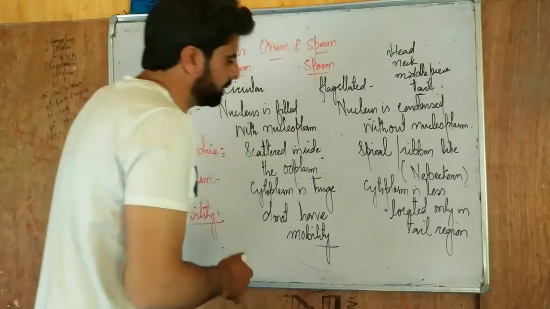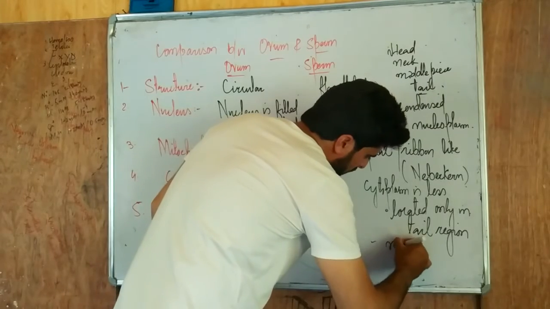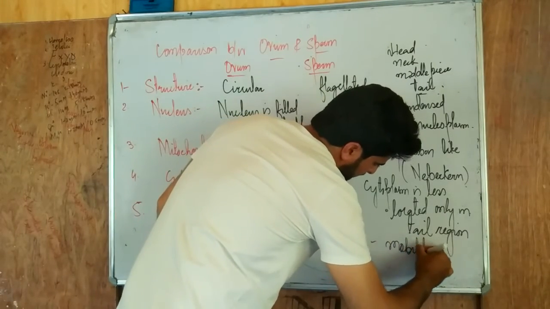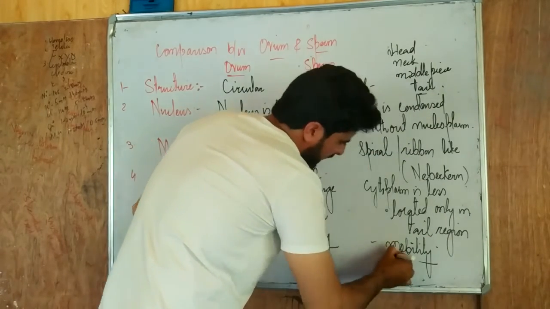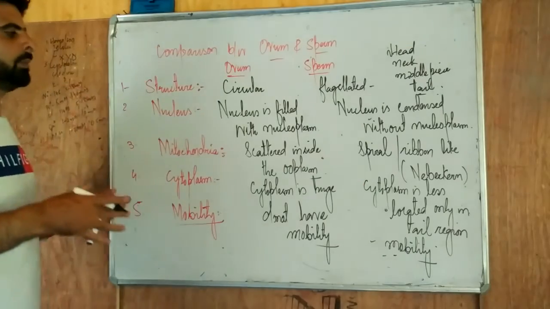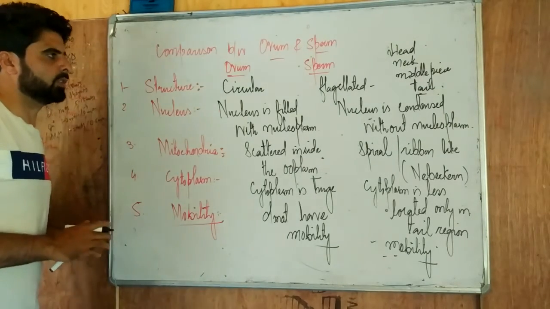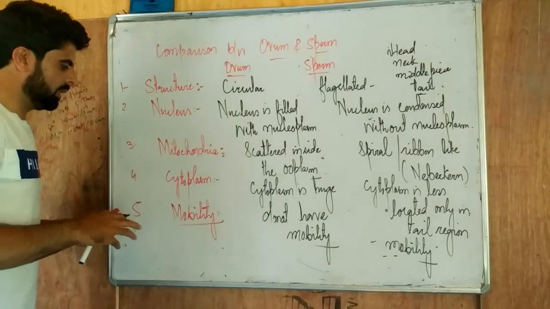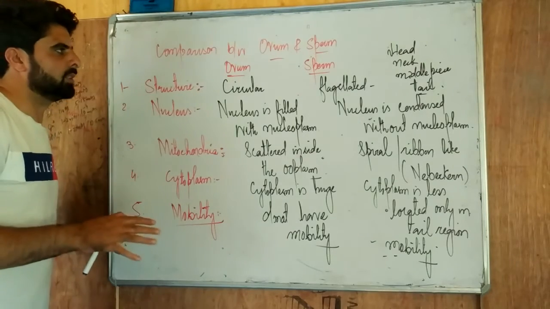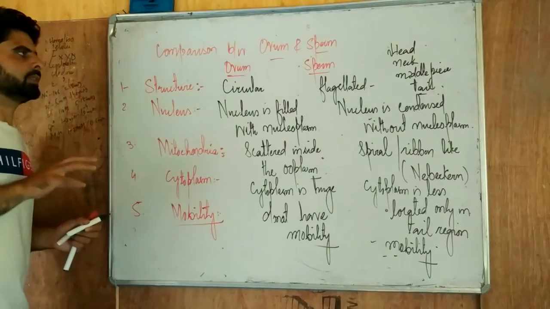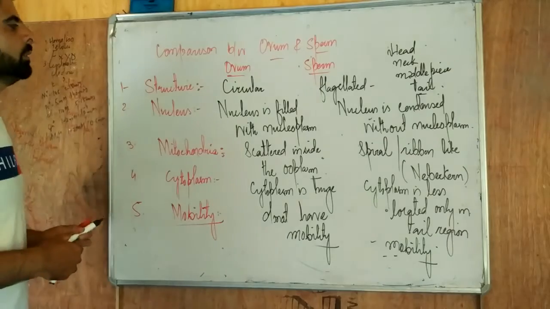But in case of sperm, it is flagellated, so it shows mobility. Mobility is present in case of the sperm because of the tail, or we can say the flagella-like structure which helps in the movement. But the mobility in case of the ovum is absent because it doesn't have any structure which helps in mobility.